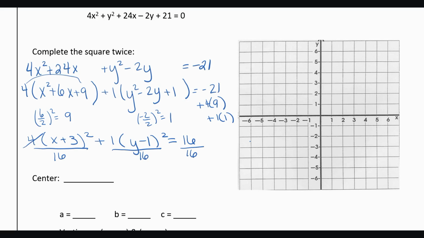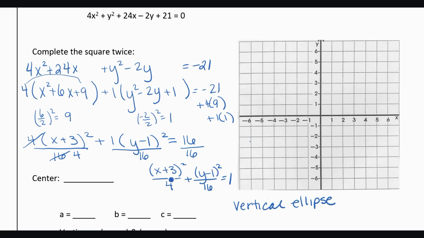Okay, so here this cancels out and this just becomes a 4. So we have x plus 3 squared over 4 plus y minus 1 squared over 16 equals 1. Okay, so notice the number under the y is bigger, so this is going to be a vertical ellipse.